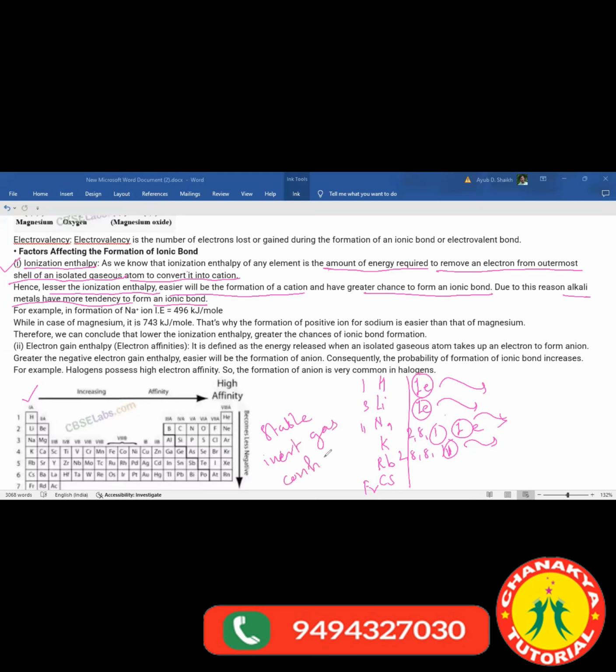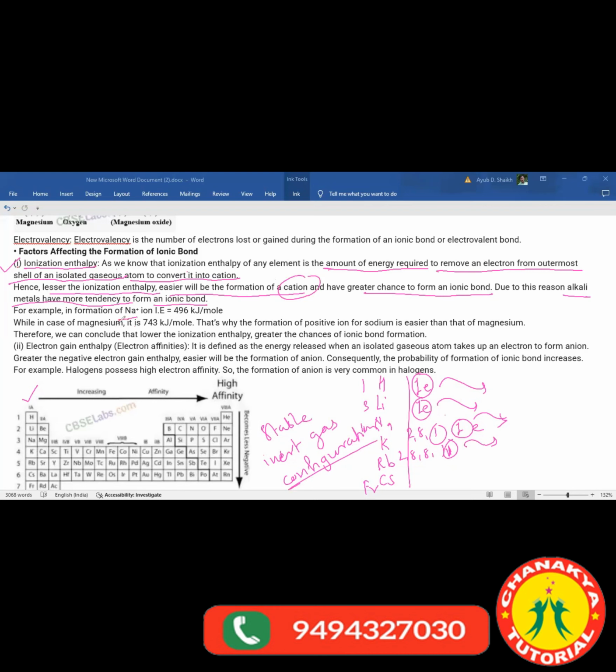Inert gas configuration means what? Noble gas configuration, right? And hence its ionization enthalpy is less. And as its ionization enthalpy is less, it can easily remove one electron from its outermost shell and can easily form a cation. And hence mostly alkali metals undergo the formation of ionic bond.